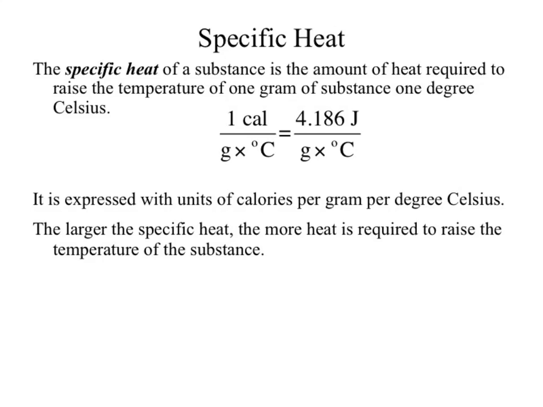When we move to specific heat, it's an even more complex unit because now we're looking at an energy, joules or calories, related to grams, a mass, and a temperature change, degrees Celsius. You'll notice that the unit we use is degrees Celsius in this case. Why? Because that's what all of our theories were built on. Degrees Celsius is what we were working with when we looked at specific heat.